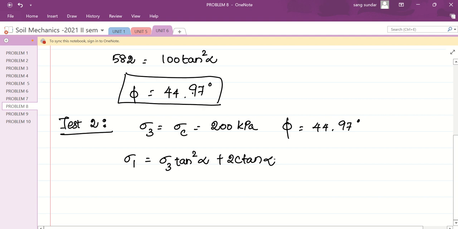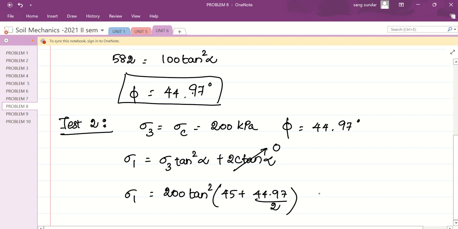C is not there, so this term is equal to 0. Sigma 1 we don't know, and sigma 3 is 200. And tan square alpha, we know alpha is 45 degrees plus 44.97 by 2.